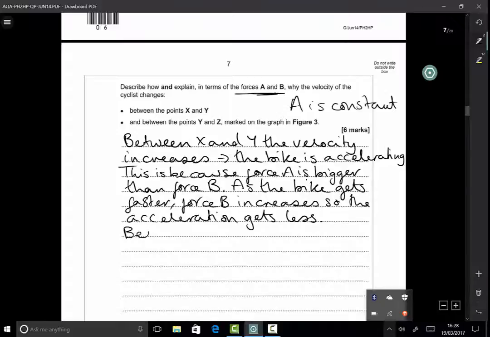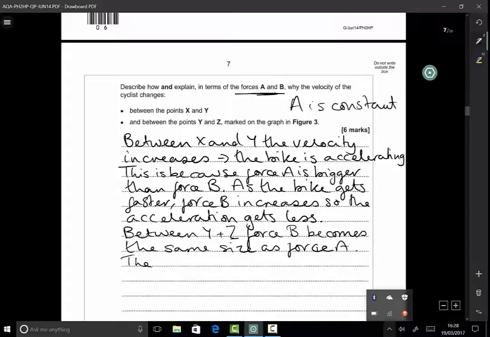So what's happening between Y and Z? Between Y and Z, force B becomes the same size as force A. The resultant force, remember we're looking for specialist terms, becomes 0.